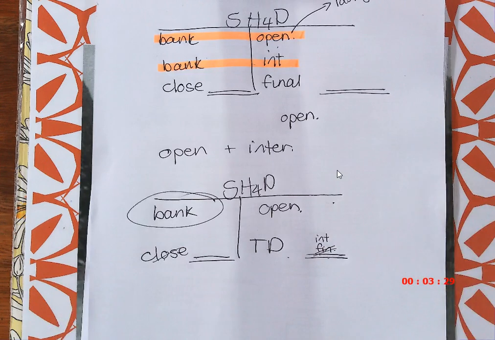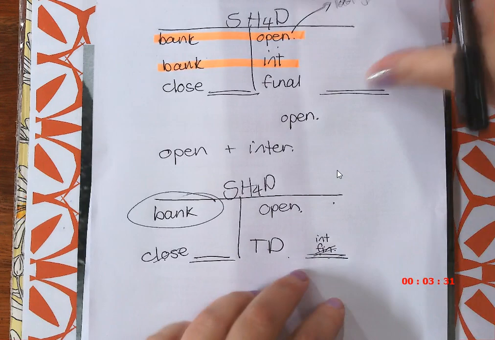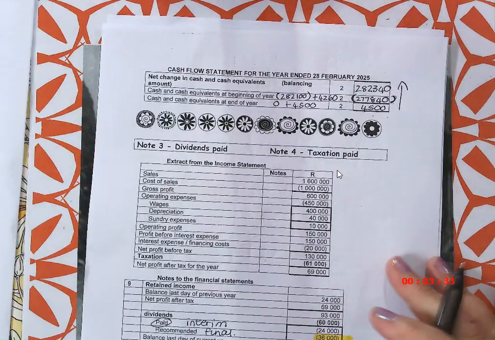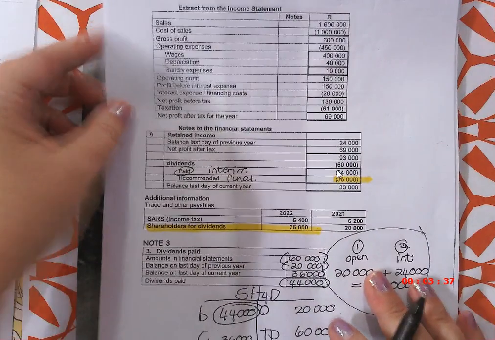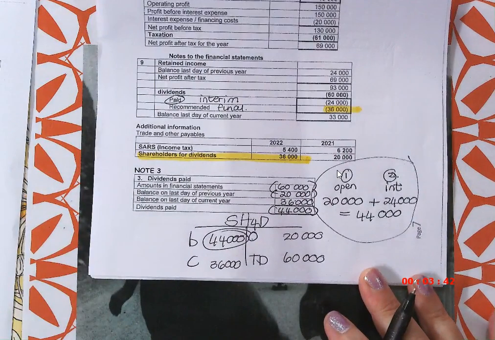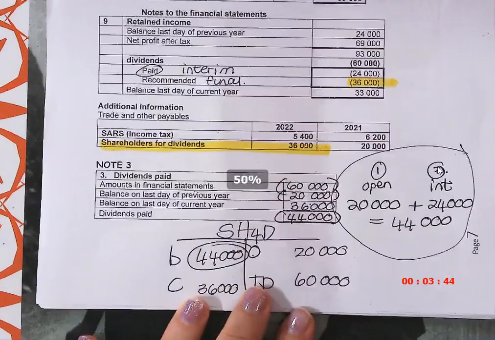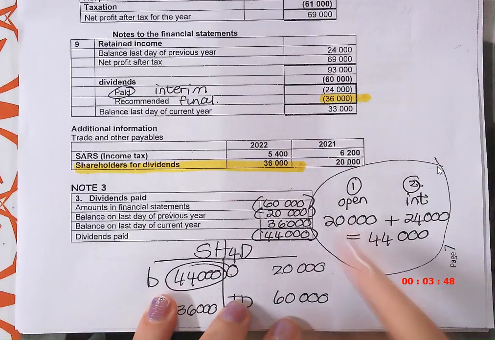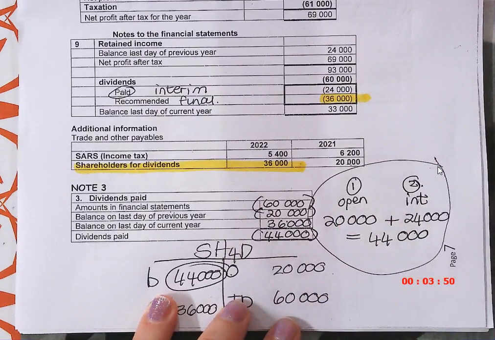So you're going to look at what information they give you. I think I threw away mine of yesterday. No, it's this one. So now if I look at this, can you see there's 3 methods that you can choose to do. But I will always say, first go see if you can see what's the opening or the interim. They will ask it for you.